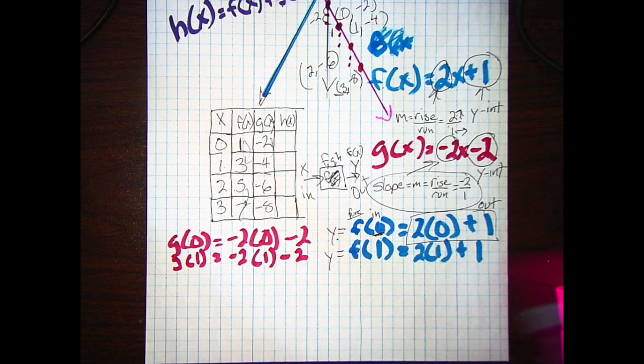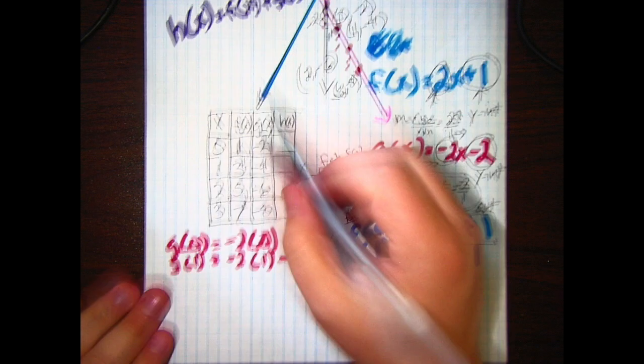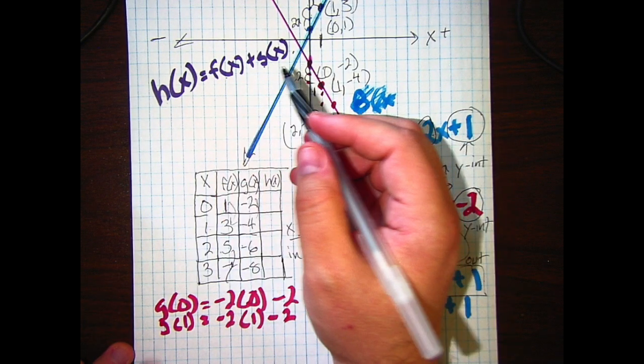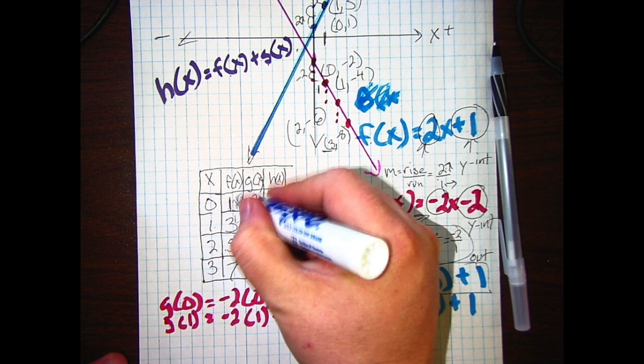Now, let's do h of x. h of x is just the sum of these two. We said h of x is equal to f of x plus g of x. It's just a straight line. I think so, but let's just go ahead and do the math. I'm just going to take these numbers and add them.